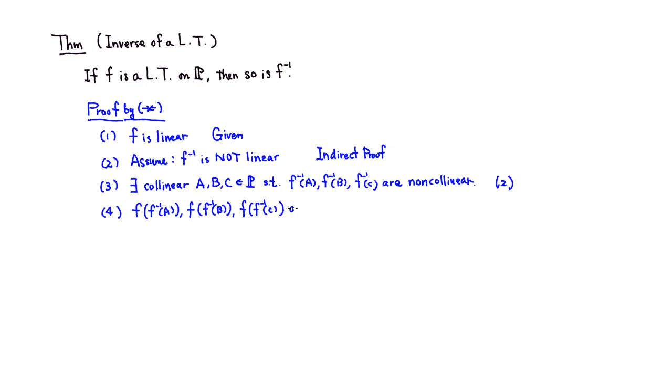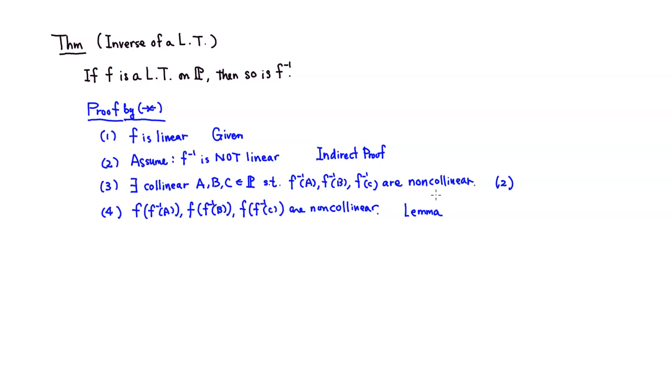So these are going to be still non-collinear, since we established in the lemma that if you have a linear transformation, it will preserve non-collinearity. So this is by lemma.